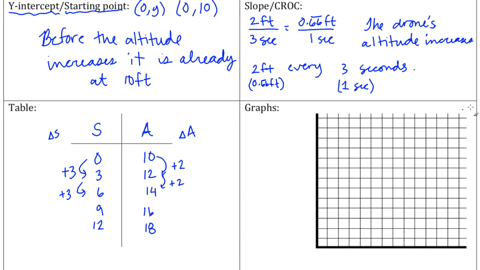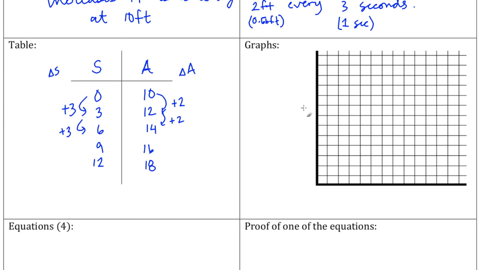That's better. So dependent variable goes on this y-axis, so altitude, seconds. In this case, well, I guess we just put 0 here, 1, 2, 3. Now, in this case, though, I need to go all the way up to 12. Let's check and see if it goes up to 12. So 1, 2, 3, 4, 5, 6, 7, 8, 9, 10, 11, 12.